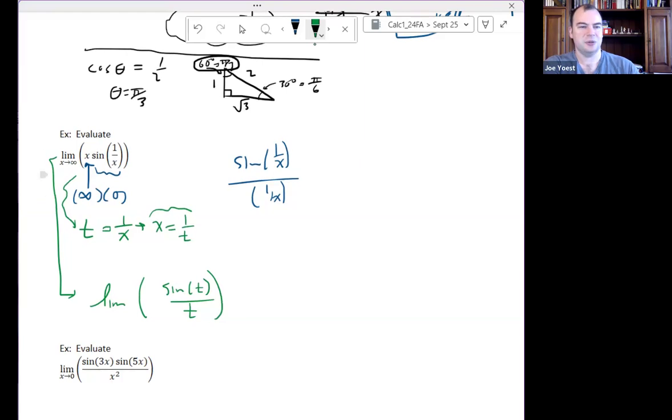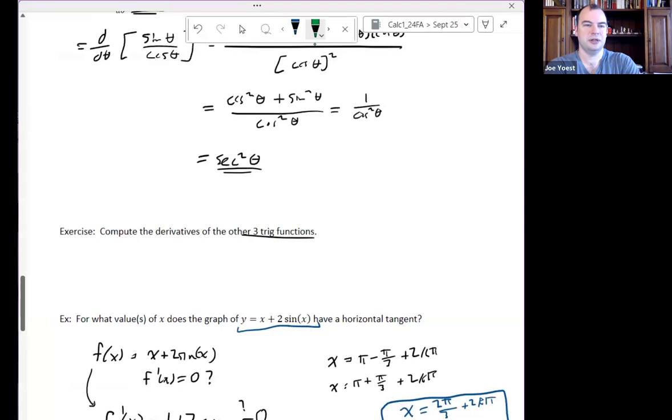And then I need to ask, well, as x goes to infinity, what does t go to? As x goes to infinity, t actually goes to 0. We might want to say from above. That would be more accurate. And of course, limit t goes to 0 from above.